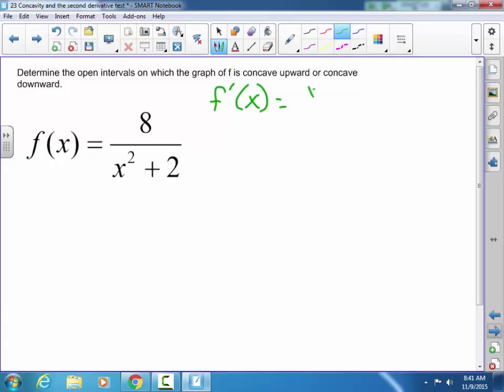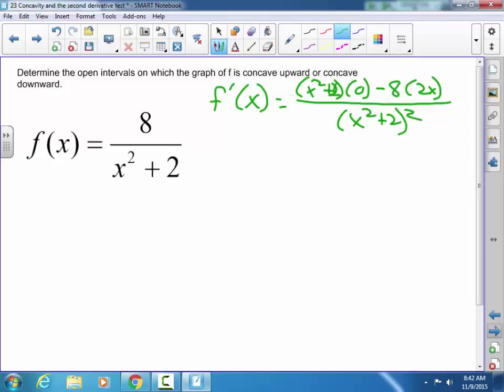If we do low d high minus high d low over the low squared, looks like it'll clean up to -16x over x squared plus 2 quantity squared. That's our first derivative. Does everybody agree with me on that? Okay, good. I haven't messed that up yet.